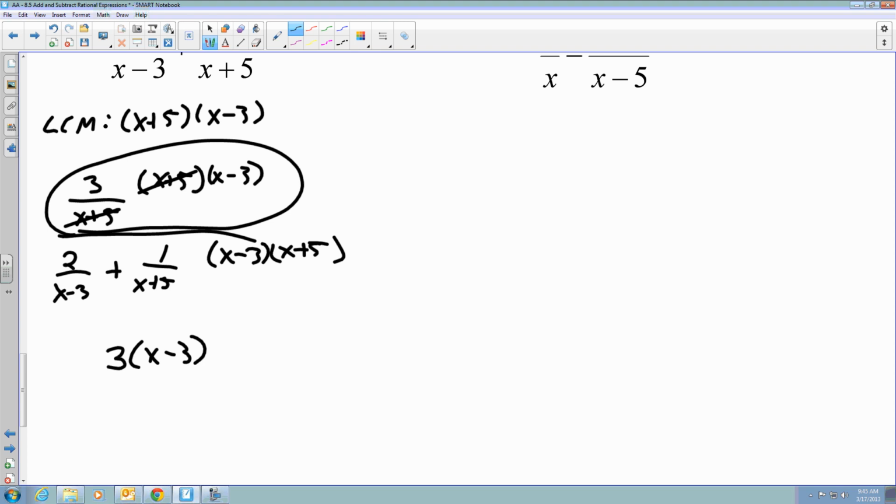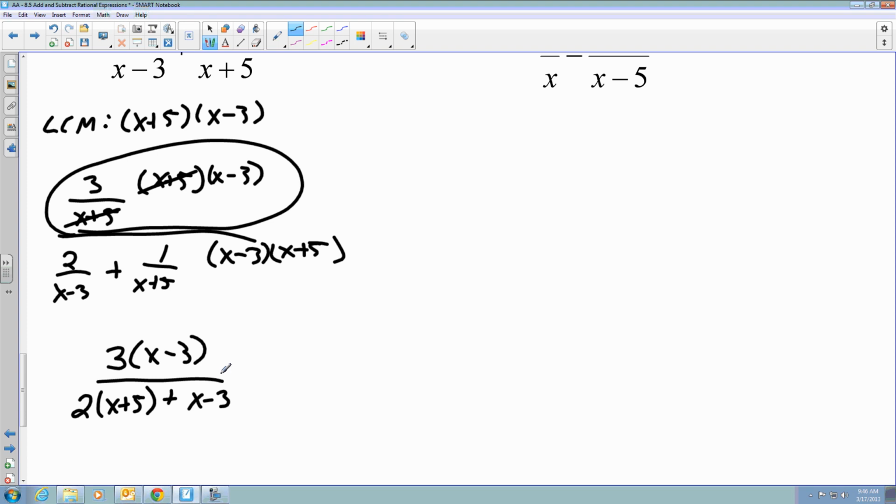So now with 2 over x minus 3, I can cancel out the x minus 3, so that's going to be divided by 2 over x plus 5 plus, and I can cancel out the x plus 5 over here with the 1, so that leaves me with just x minus 3.